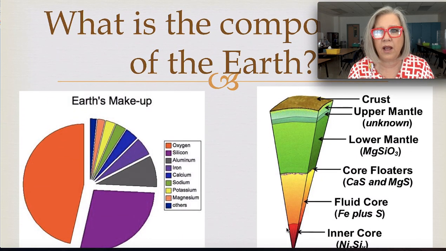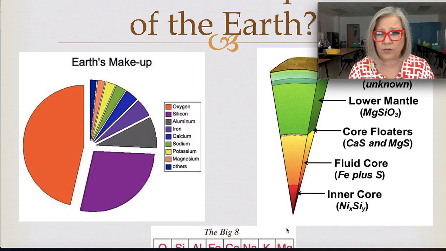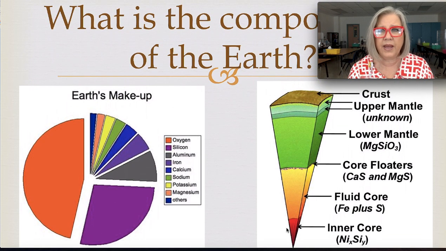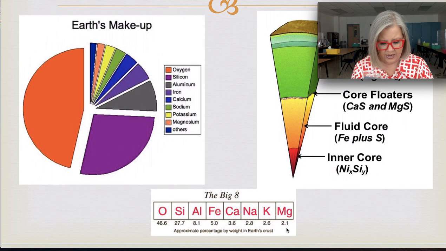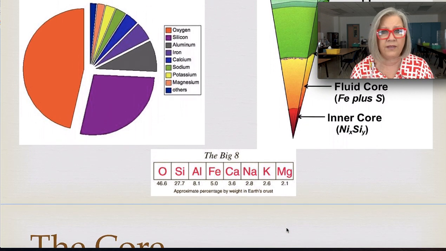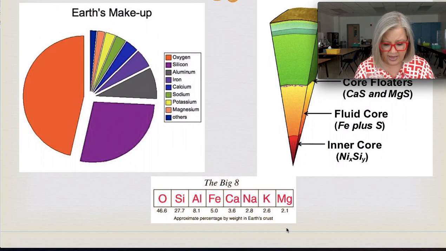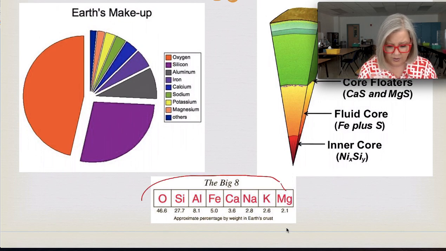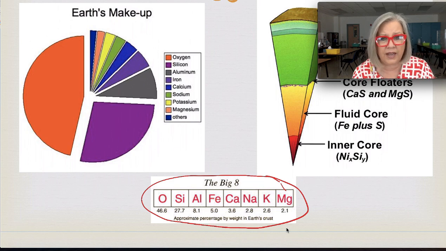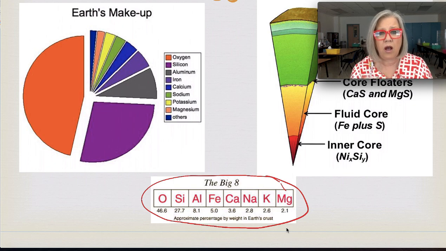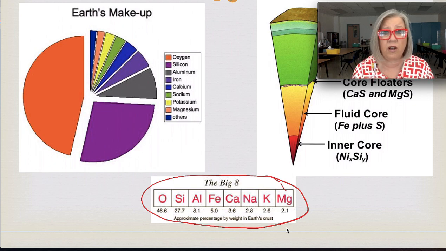So Earth is composed of layers. That's what you'll see there on the right-hand side. But the majority of the elements are listed over here on the left-hand side, and you'll see the big 8 down here at the bottom. All right. So oxygen is the number one. Almost 50% of the Earth's elements have oxygen involved in them.